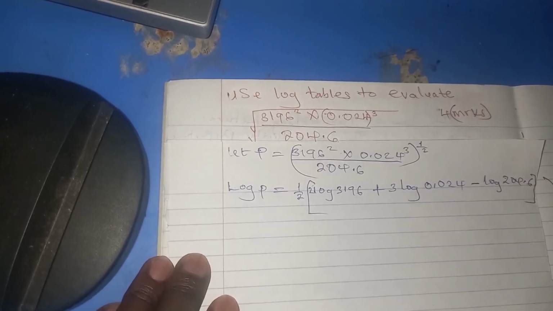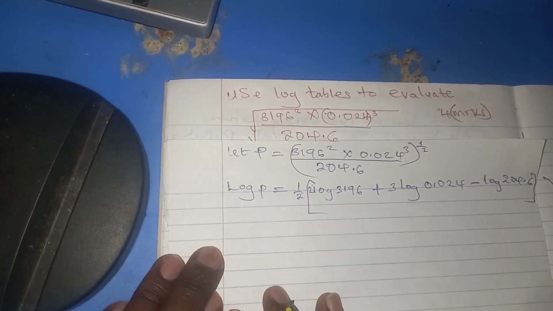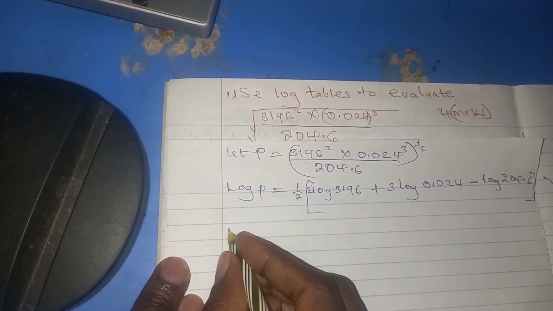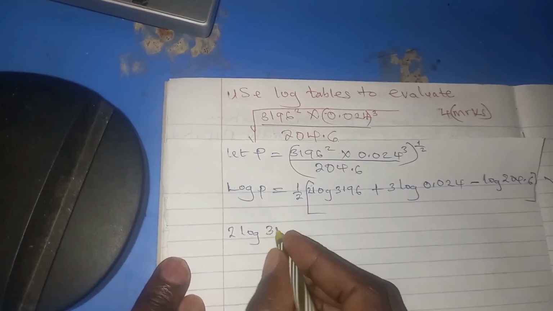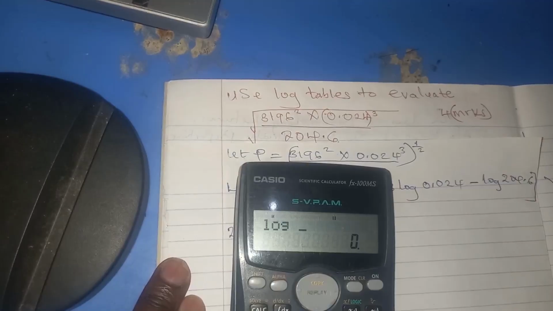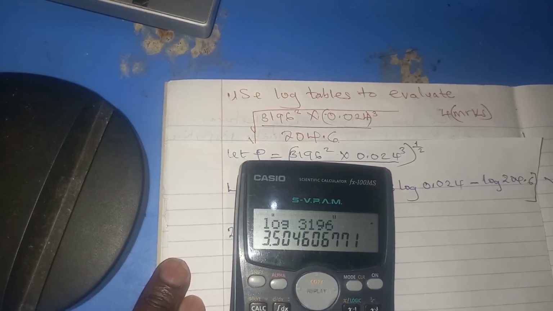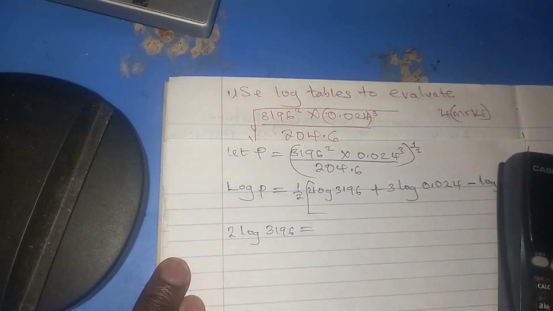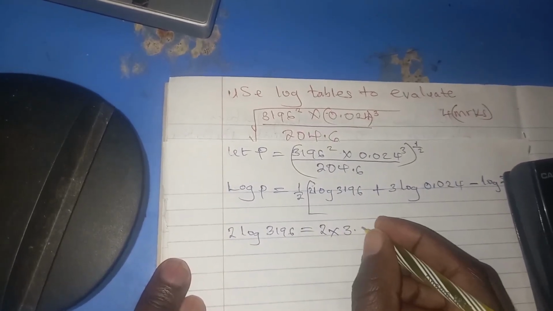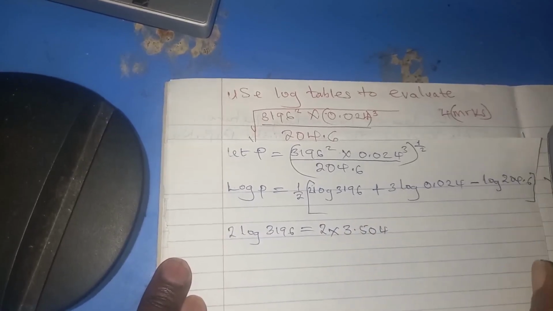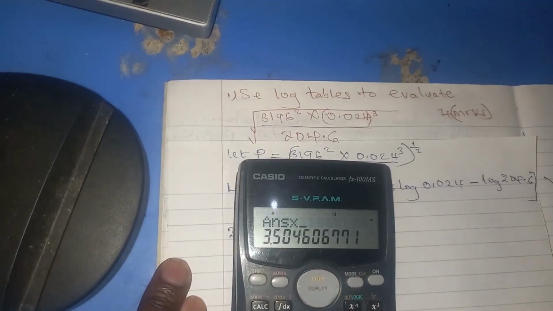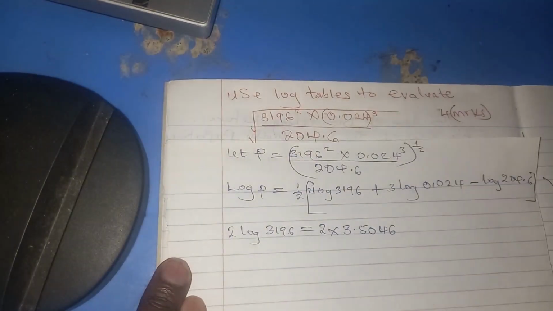So from there we can find the log of every number alone. We are going to have 2 log 3196. We use our calculator and we say log 3196, which gives me 3.5046. So 2 times 3.5046, which when I multiply by 2 gives me 7.0092.